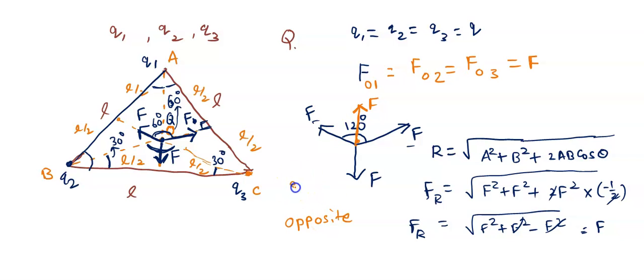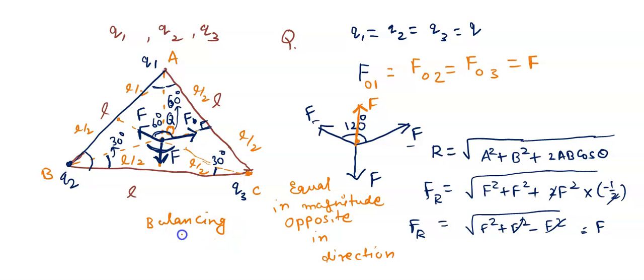They are equal in magnitude, but opposite in direction. So they will balance each other. If these forces are balancing each other, then the net force acting on charge q will be zero. What do you think? Is it zero?